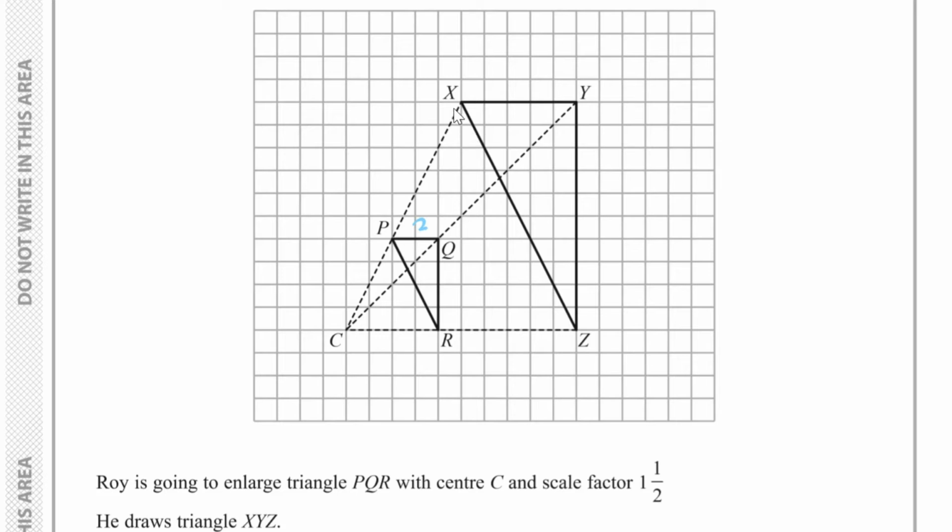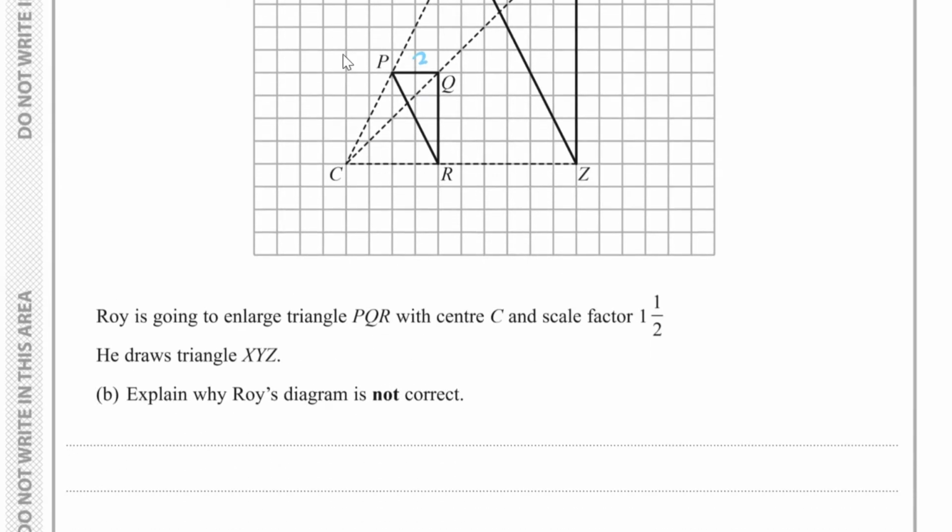And if you look at the length of XY, which corresponds to PQ, you'd find this length to be 5. And therefore, you can see here that the scale factor, that's equal to 5 over 2, which does not equal this 1.5. So in terms of what's wrong with his diagram, he's used the wrong scale factor.